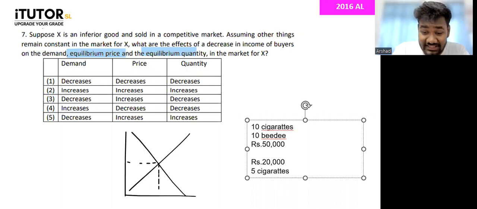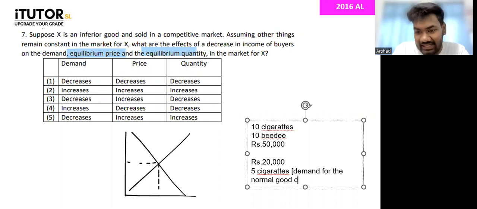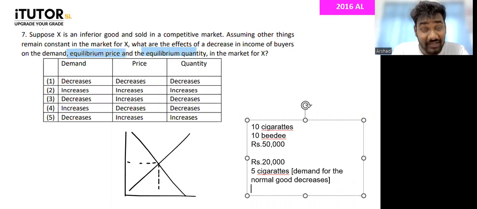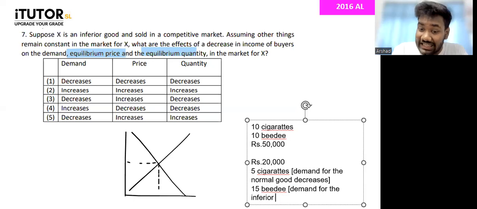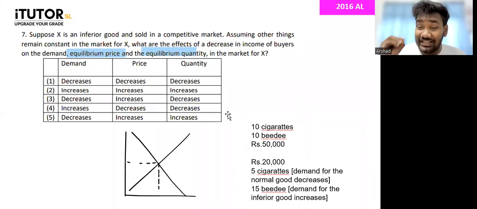Demand for the normal good decreases. But if you take the BD, now he might be consuming 15 BDs. So the demand for the inferior good increases. Now he buys the cheaper inferior good. Did you understand that, guys? So when income decreases, demand for the inferior good will increase. Inferior good is BD, he'll buy more of it.